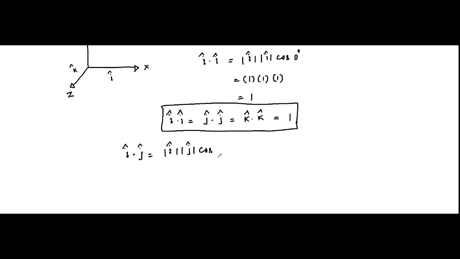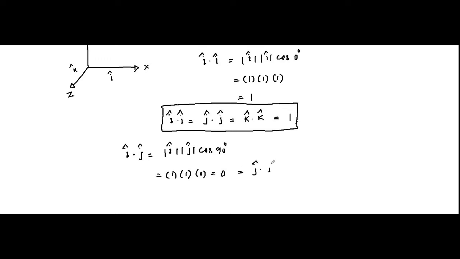So obviously their unit vectors will also be at right angles. Because of this cos 90 degree, the result will be 1 multiplied with 1, because unit vectors are of unit magnitude, multiplied with 0, which is equal to 0. So whether you do i cap dot j cap or j cap dot i cap, it is the same.